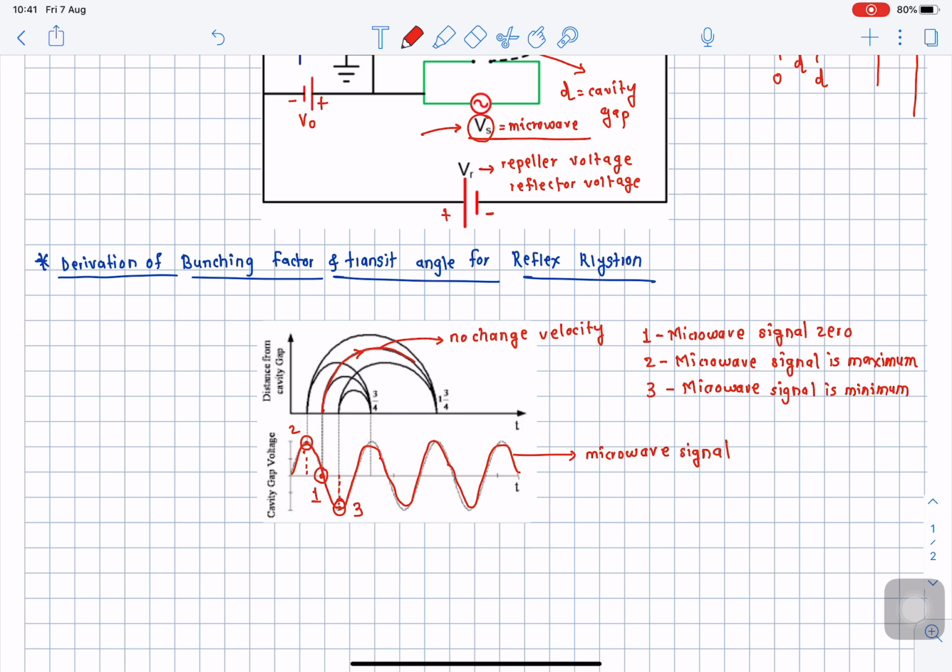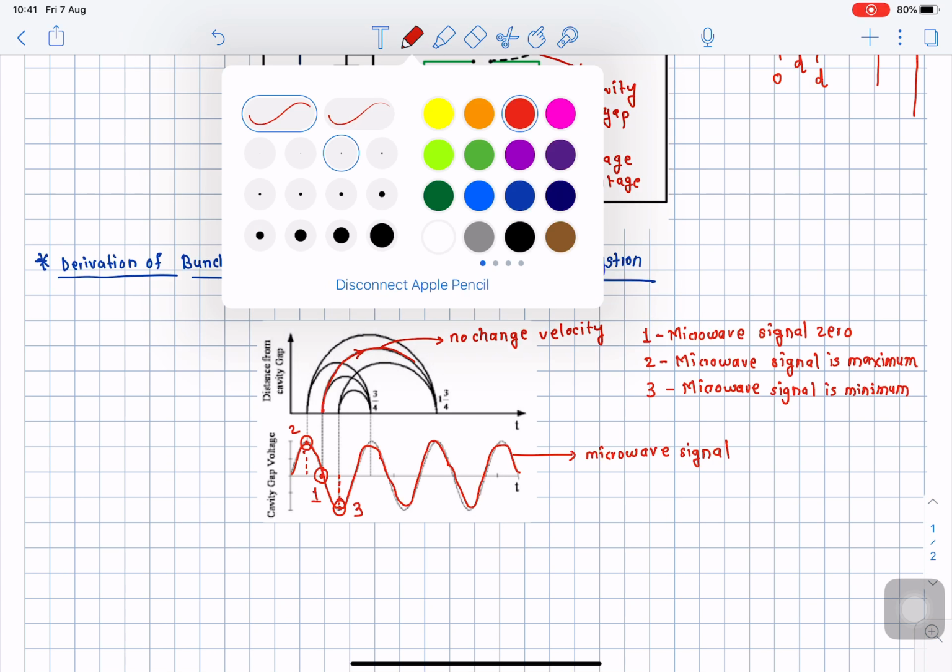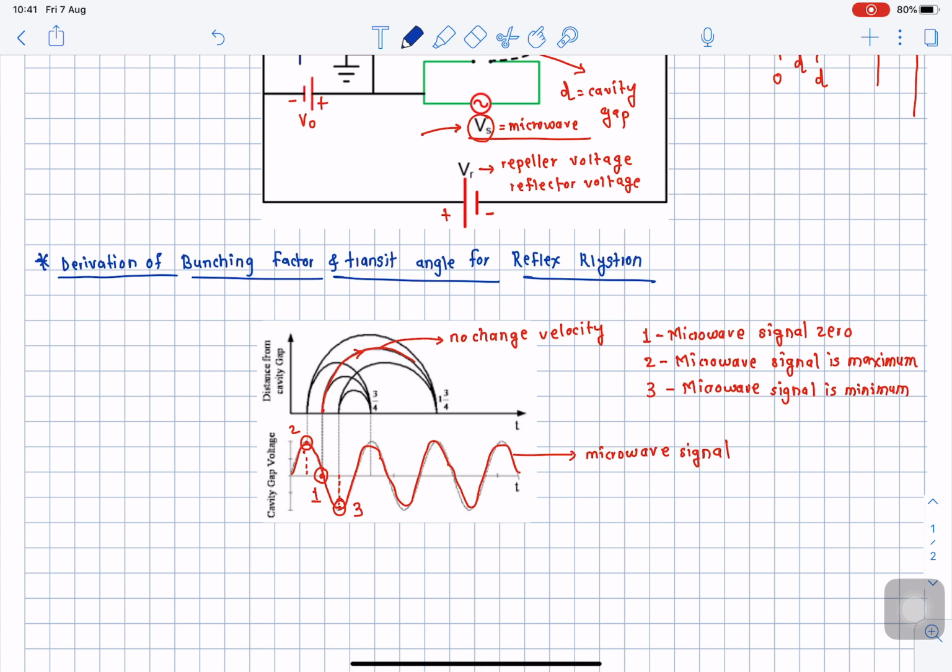Okay, so similarly, what happens when the electrons enter the cavity gap, small d, during the positive going of the microwave signal when it is maximum? I will denote with a different color, let us say this blue color. So at point number 2, the electrons will get accelerated. As electrons get accelerated more, they will travel a greater distance in the cavity. Okay, so this blue color indicates the accelerated velocity of the electron.